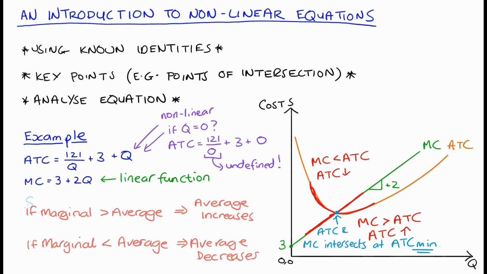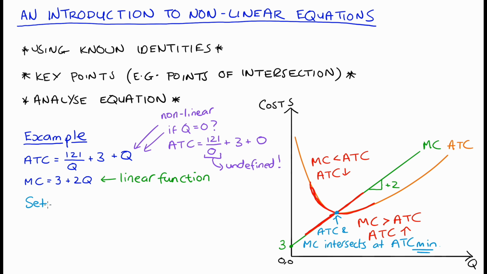We can use the substitution techniques that I discussed in the previous video, where I considered solving a system of two linear equations. Basically I want to know where ATC is equal to MC. So I can substitute ATC, that's 121 over Q plus 3 plus Q, equal to MC, which is 3 plus 2Q. I can take away 3 from both sides.